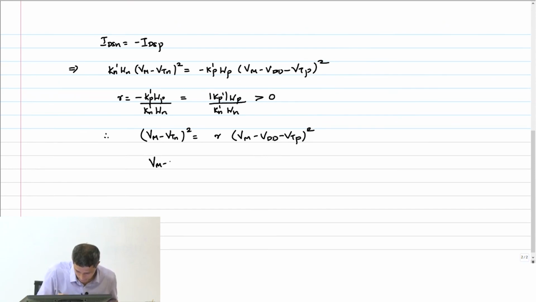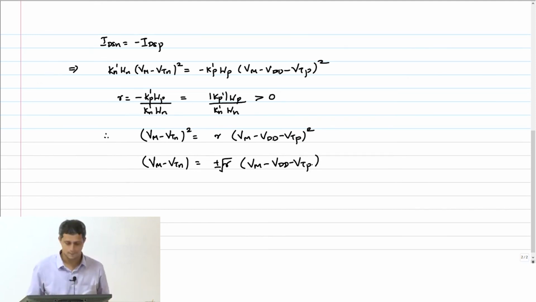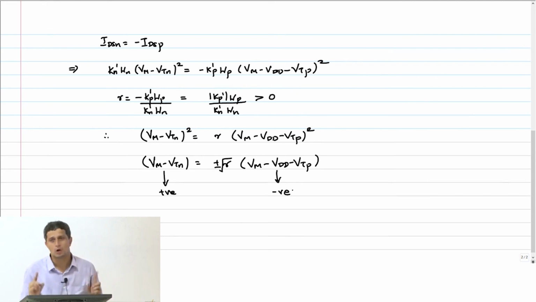So Vm minus Vtn equals plus or minus root R into Vm minus Vdd minus Vtp. Now this is a positive number, this is a negative number. How can these two be equal? Only if you take the negative root.